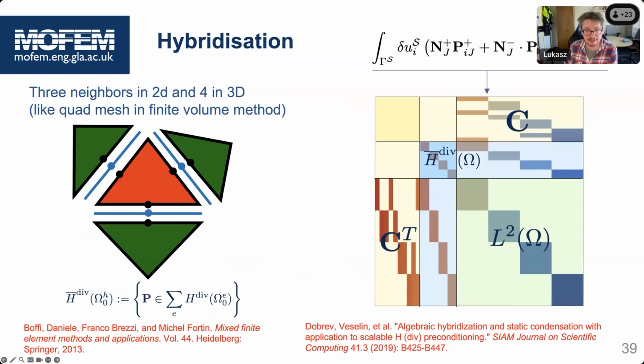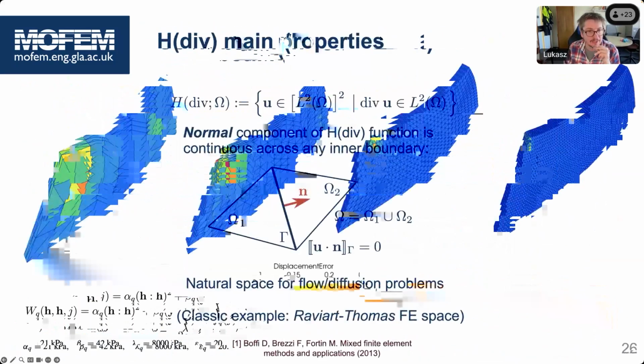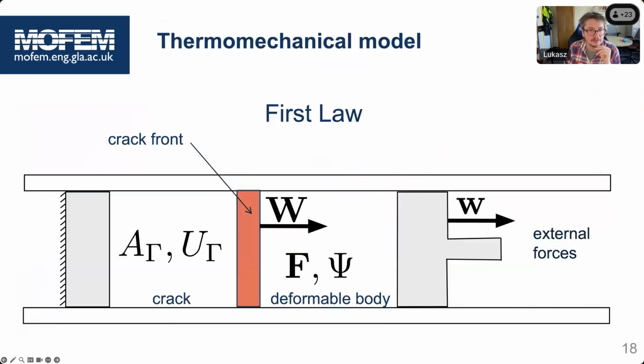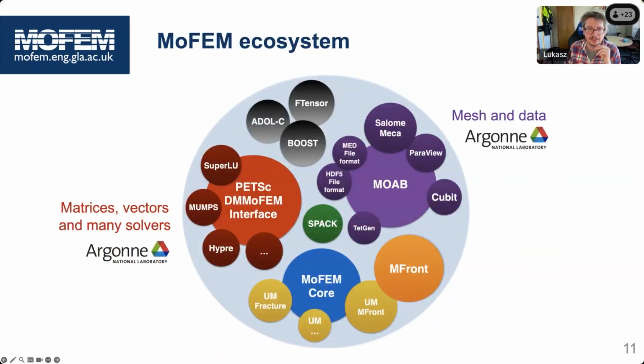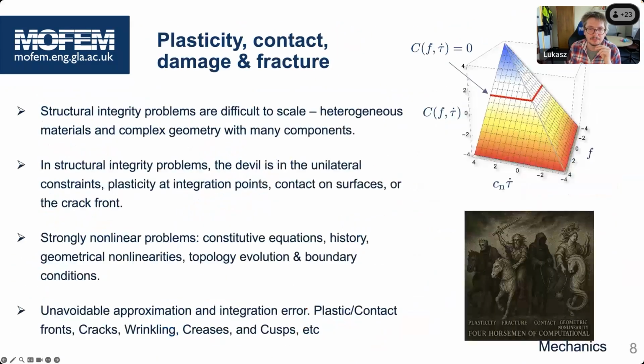So when we go back to the beginning of my talk, when I introduced this C function, basically this contact is represented by this function, where here you have a gap, and then we are switching between those two planes.